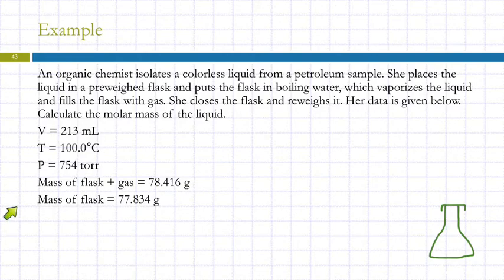We understand that, we can think about that. But when it comes to flasks and chemicals, some of us just lose our minds and do crazy things, okay? But I don't care about the density of the flask. I want the gas inside. So we need the mass of the gas. So we're going to subtract those two numbers.